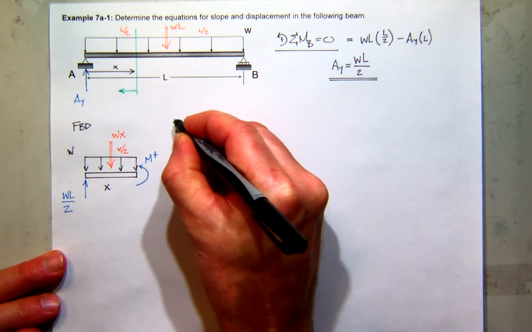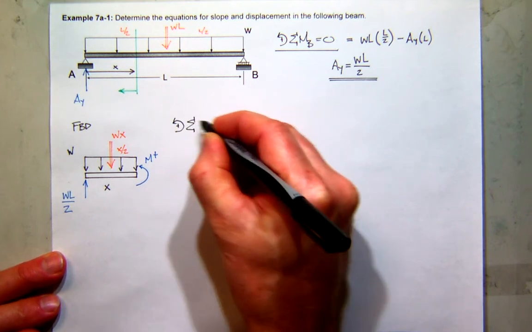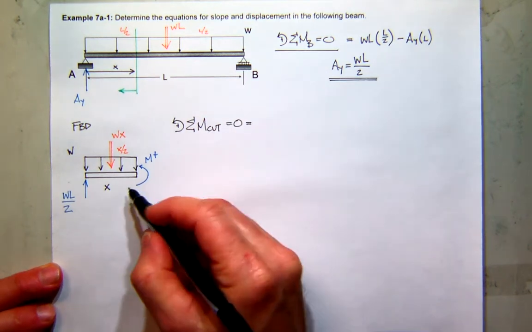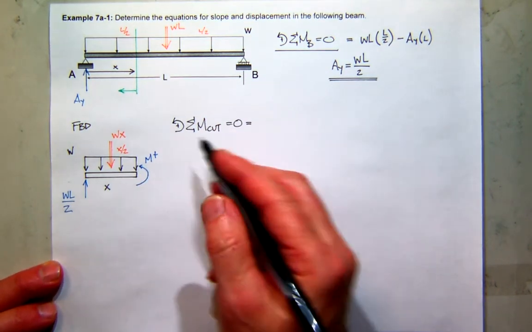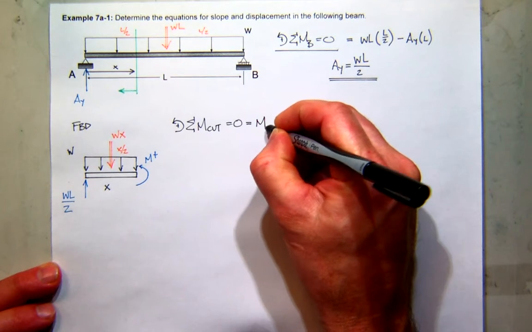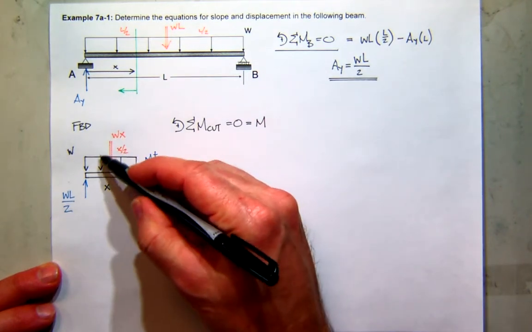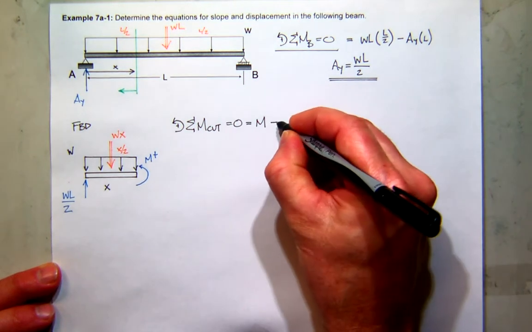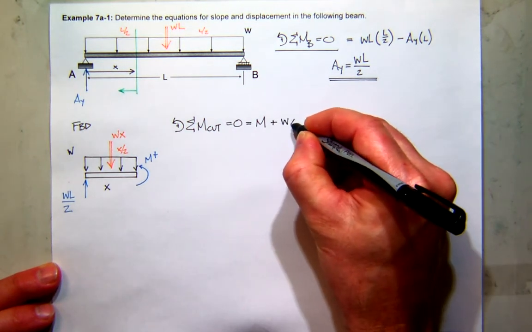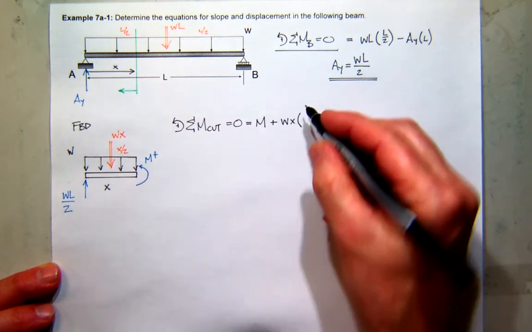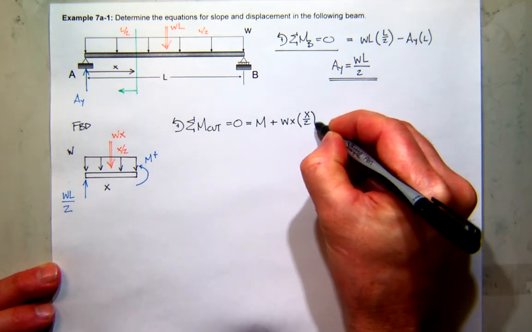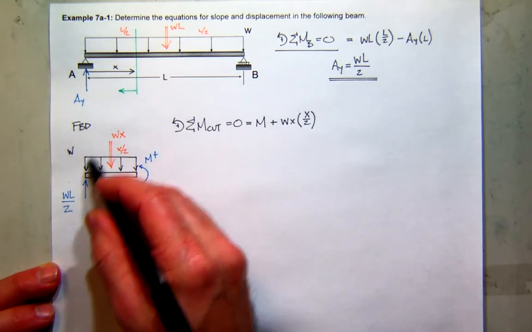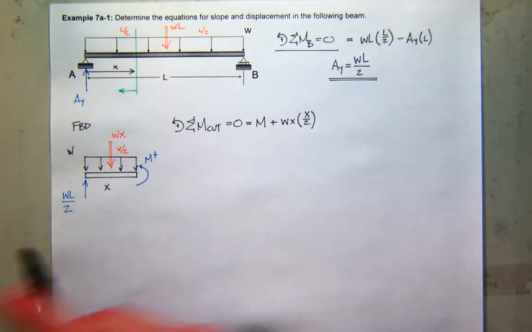So now when I sum moments at the cut and put it in equilibrium, let's see what I've got. Here at the cut, I've got this moment, which for my sign convention is positive. About the cut, the Wx force creates what kind of moment? Positive. So I have a force of Wx times a moment arm of x over 2. And then my reaction here at A, that creates what kind of moment? Positive or negative? Negative.